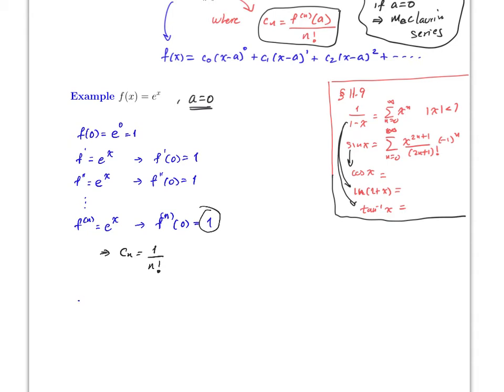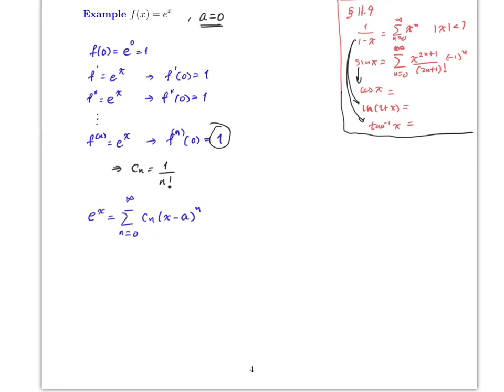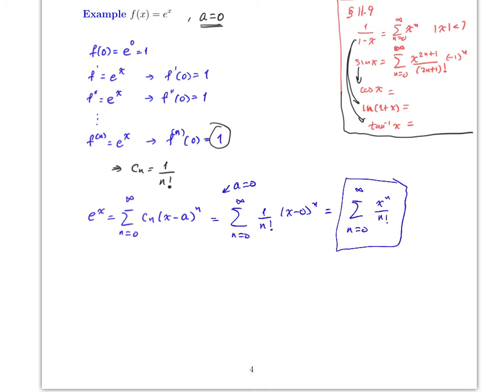Therefore, e to the x is the sum from n equals 0 to infinity of c_n times (x minus a) to the n. But remember, in our case a is equal to 0. So it will be the sum from n equals 0 to infinity of 1 over n factorial times (x minus 0) to the n, which is the sum of x to the n over n factorial.